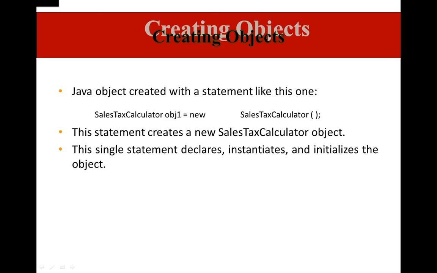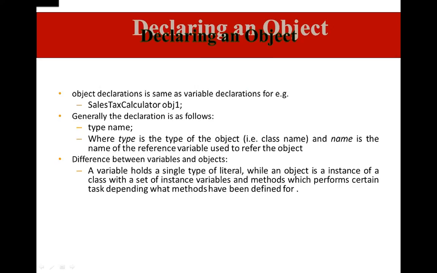We declare obj1 as an object of so and so class, and we initialize that object with some memory, which can be done with the help of the new operator followed by the class name and open and close parentheses. In the case of declaring an object, we specify the class name and then the object name, that's it. It's like data type and variable.